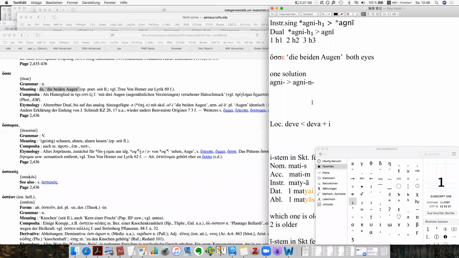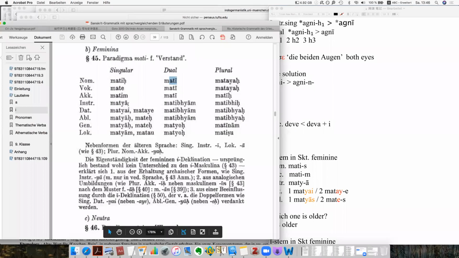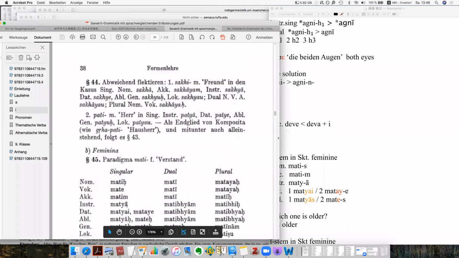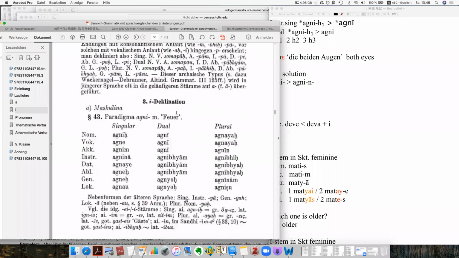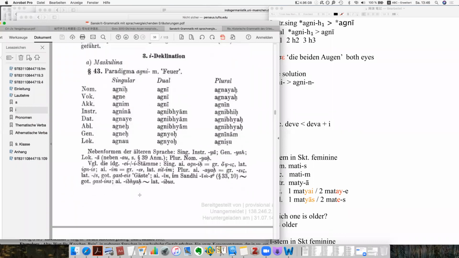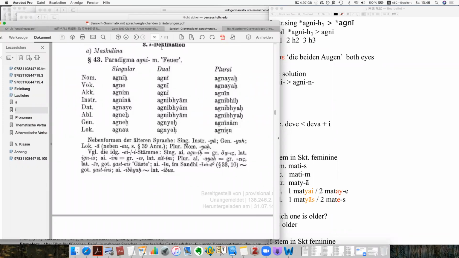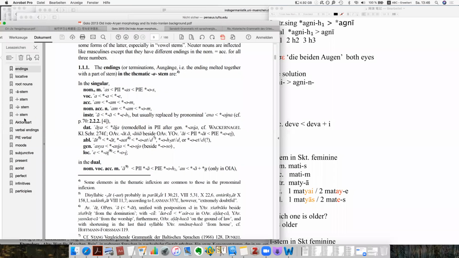好，回答这个问题的话，我们可以去看任何其他的例子嘛？我刚才举的例子是 agni 对吧？那其实还有很多其他的例子，那我们去看那个 Goto 的语法。So let's check the grammar by Goto.